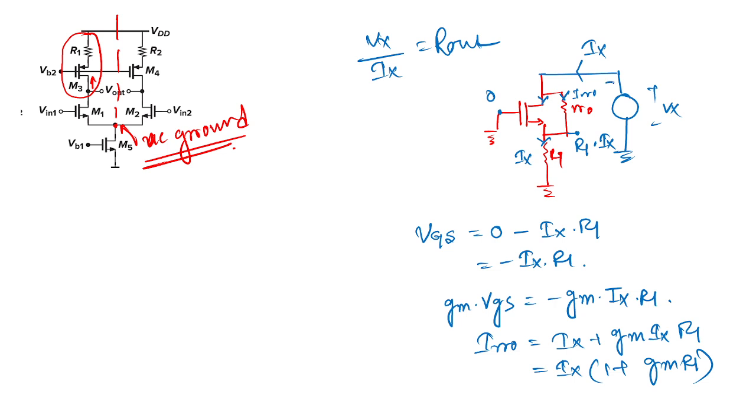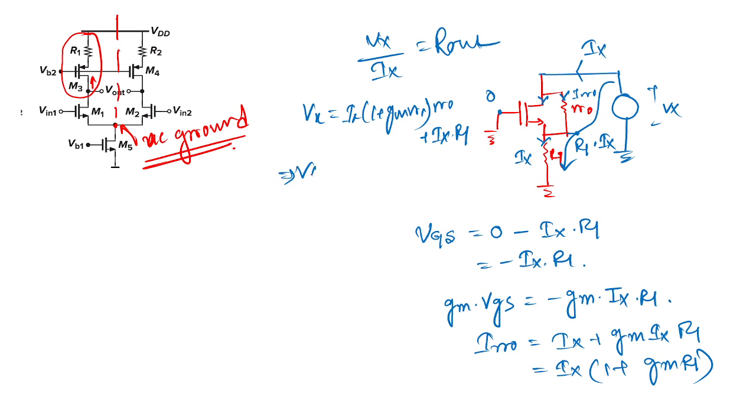Now if we apply KVL in this loop, what can we write? Vx is equal to I_R0 into R0 plus Ix R1, that means Ix (1 plus Gm R1) into R naught plus Ix R1.